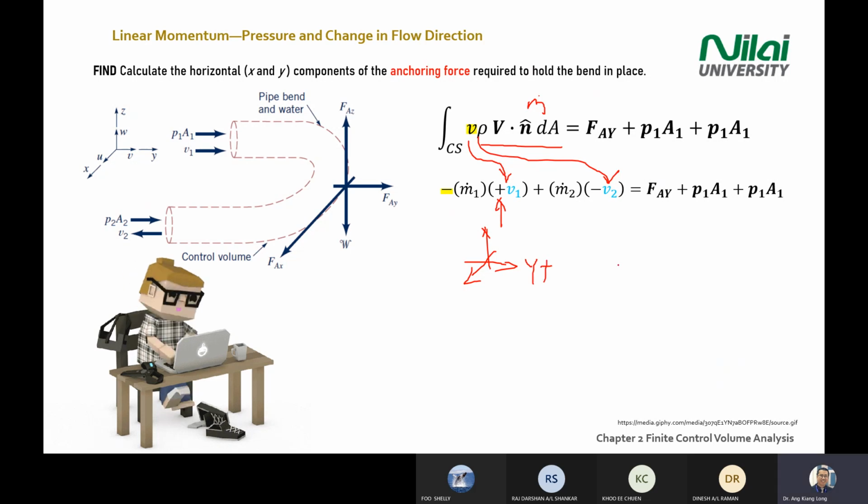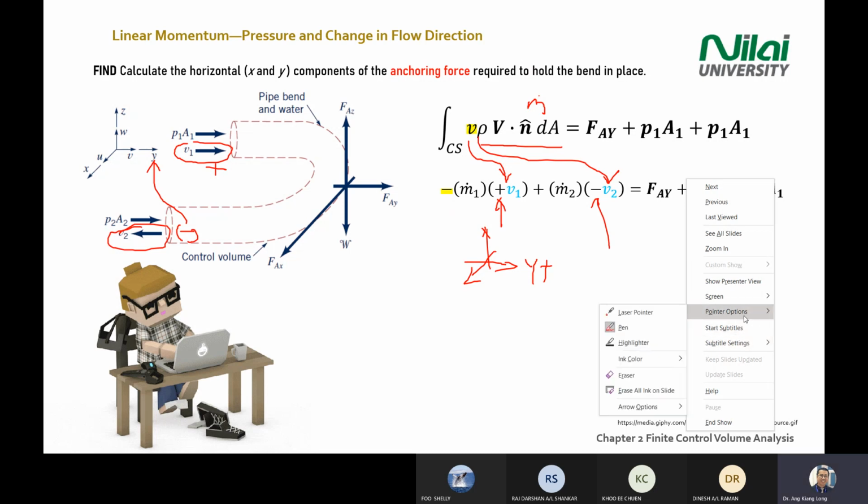All direction to the right is positive. That's why your V1 is positive. And if you look at 2, going in this direction, it is negative, because your y direction is positive to the right.